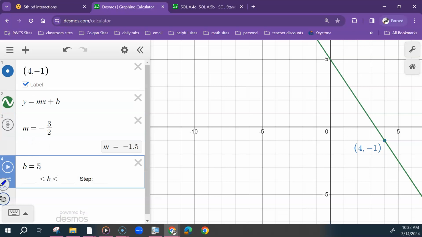And that would be the y equals equation? Yes. So if you're doing it algebraically, you would do that, yes.